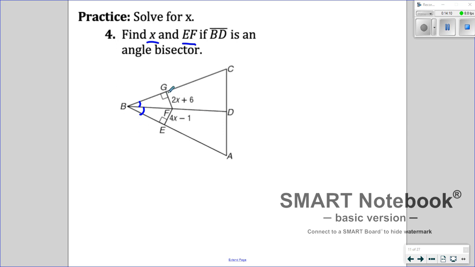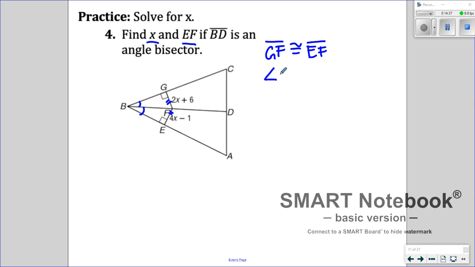And notice how we have this line that is perpendicular to the side of the angle, and it hits the angle bisector. So that means this segment is congruent to that other segment. So I'm going to write that the segment GF is congruent to segment EF.